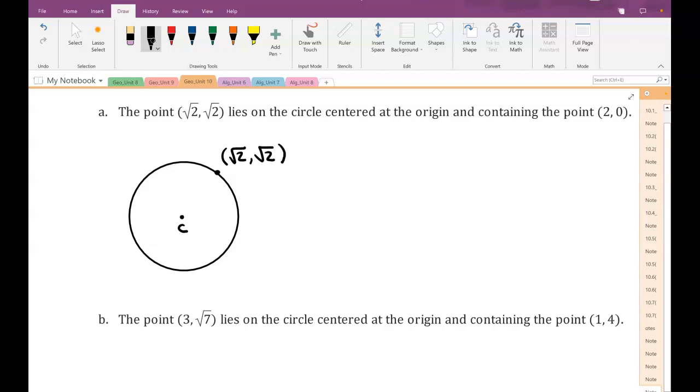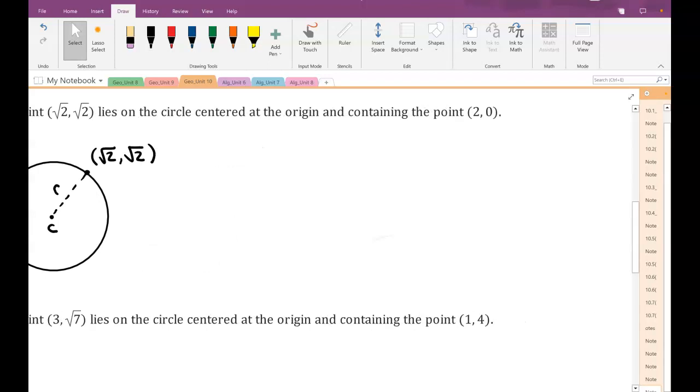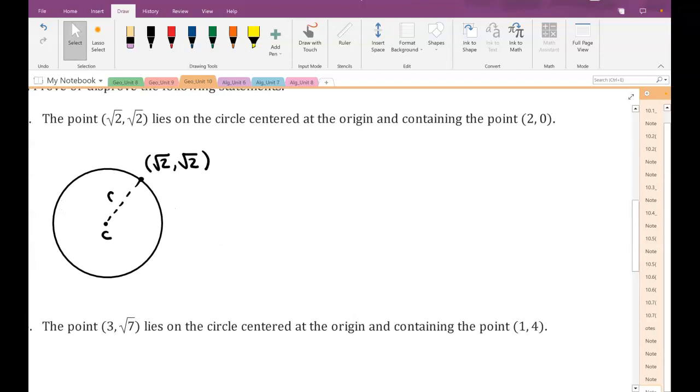That's just a point on the outside. We know that point is for sure on the outside. And we could figure out what our radius would be. Here's the part we're going to prove or disprove. We're going to say, well, what if we have the point 2 comma 0?